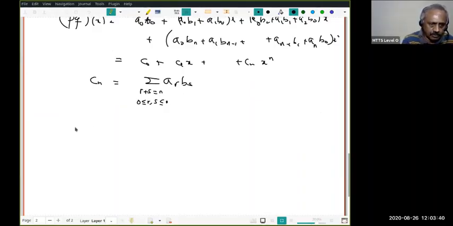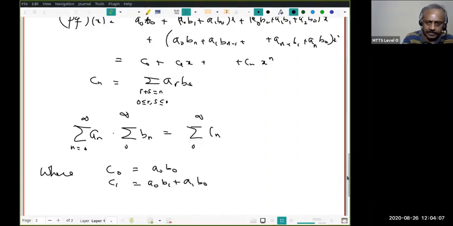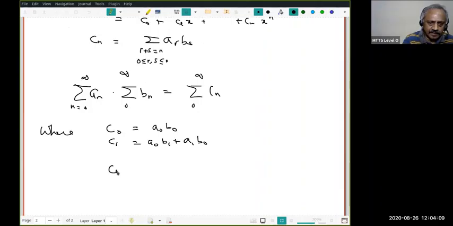So given the two infinite series, the Cauchy product is the series Cn, n equal to 0 to infinity, where can you guess what should be C naught? A naught B naught. What will be C1? A naught B1 plus A1 B naught. In general, what is Cn?